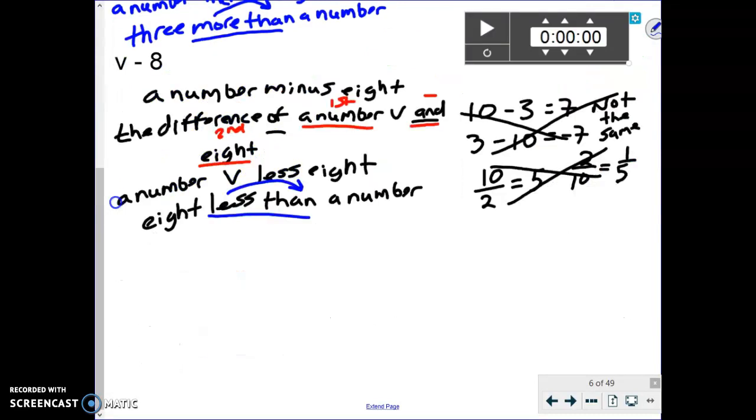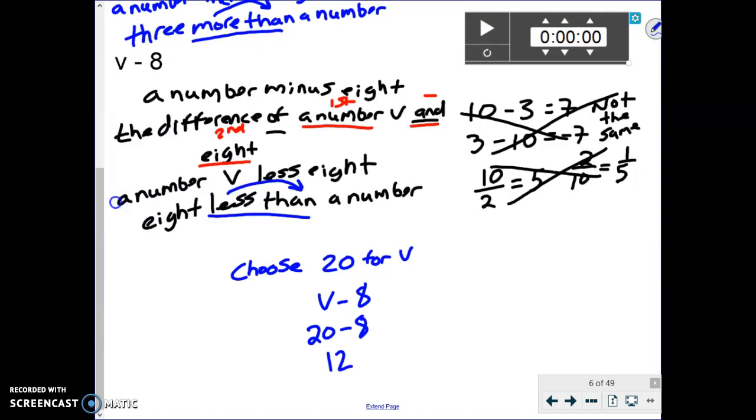And a good way of thinking about that is if I just chose some value for v. So if I choose 20, this is just a little aside here, if I plug that in where I had v minus 8, well, that's 20 minus 8, which is 12. And when I see 8 less than my number, well, the number I chose was 20, so 8 less than 20 is 12, and that makes sense.